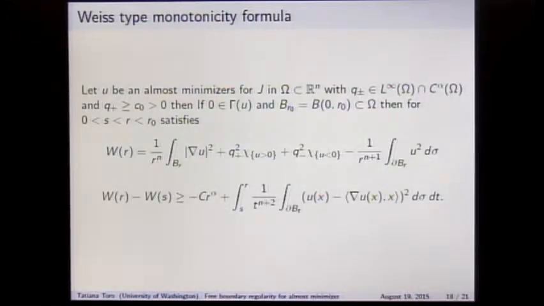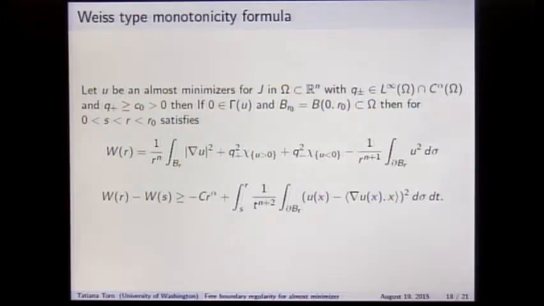And what we're able to prove is that omega r minus omega s is bounded below by a positive quantity. This positive quantity, of course, plays a crucial role in the work of Weiss. I'm here taking my free boundary point to be 0 just because it's simpler. And I have a little error, but the error is of order r to the alpha. Okay? So this is the first ingredient.